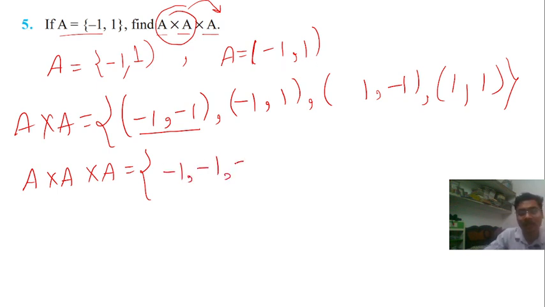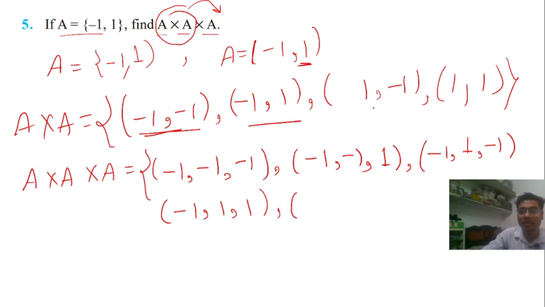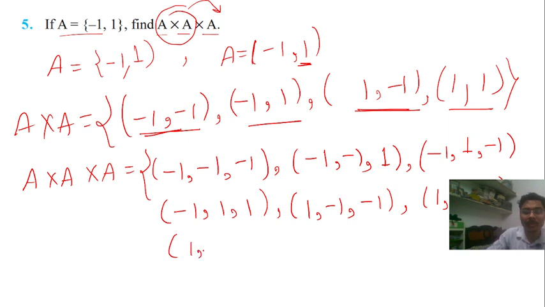Okay, negative 1, negative 1, negative 1, then this with this, negative 1, negative 1, positive 1, then this with these two, negative 1, 1, negative 1, then this with the second element of A, negative 1, positive 1, positive 1, then this with the first element of A, 1, negative 1, negative 1, then this with the second element of A, negative 1, comma, negative 1, comma, 1, then this with the first element of A, 1, 1, negative 1, then this with the second element of A, 1, 1, 1.